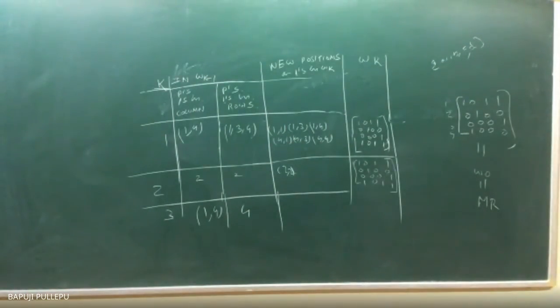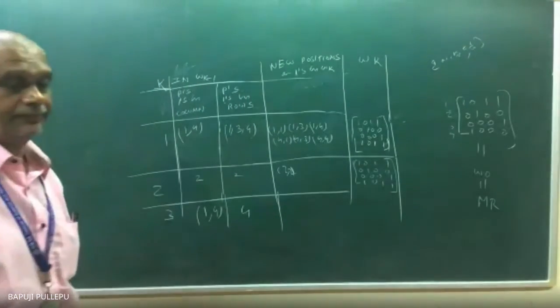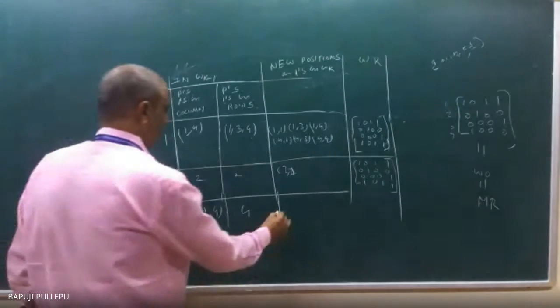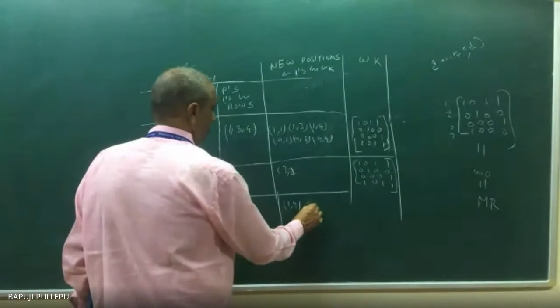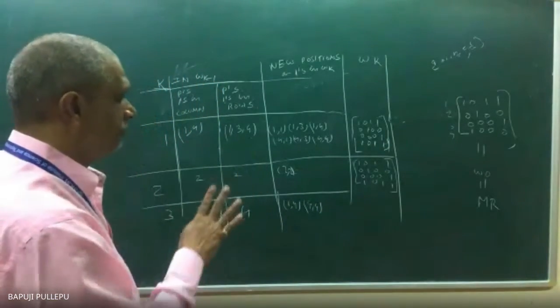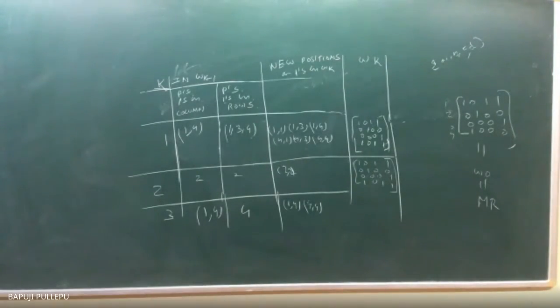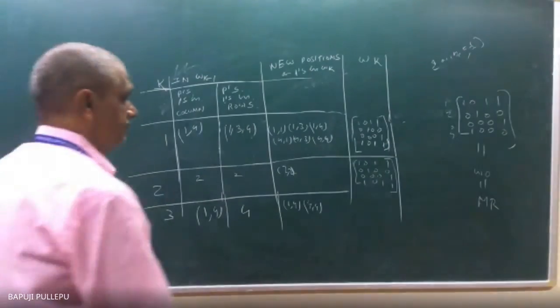Now, frame the relation. 1, 4 and 4, 4. Very good. 1, 4, 4, 4. With 1, 4 already there, with 4, 4 is there. The same fellow you can bring down. Correct or not?